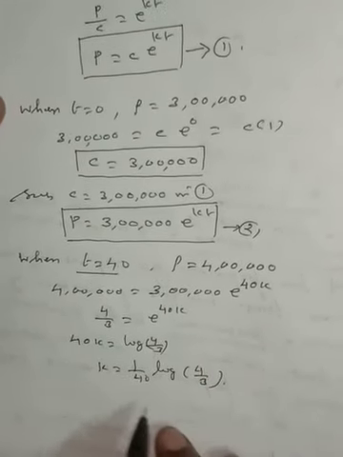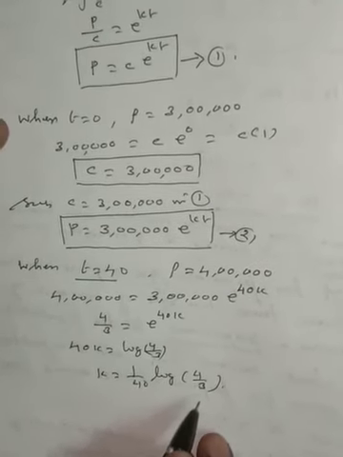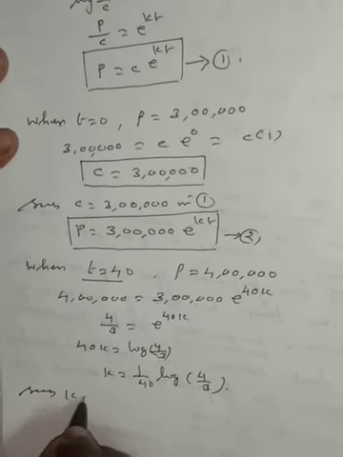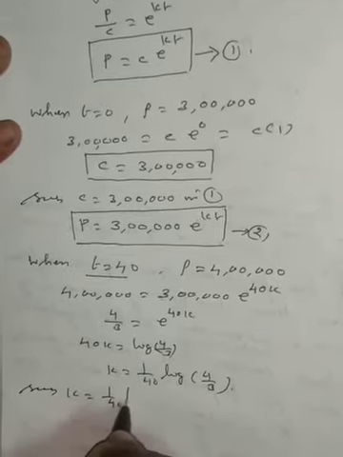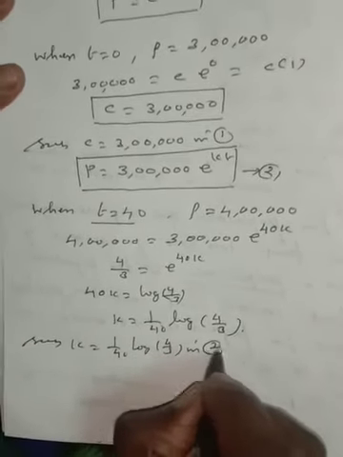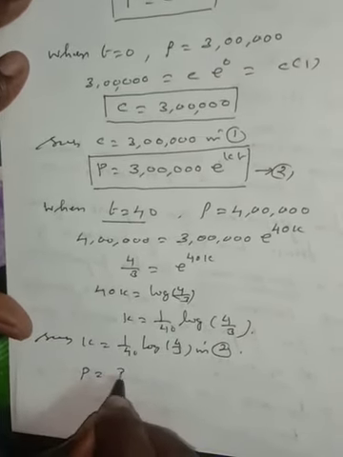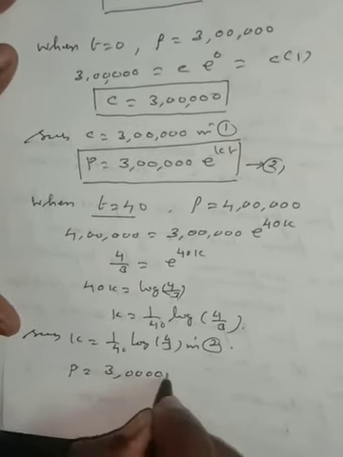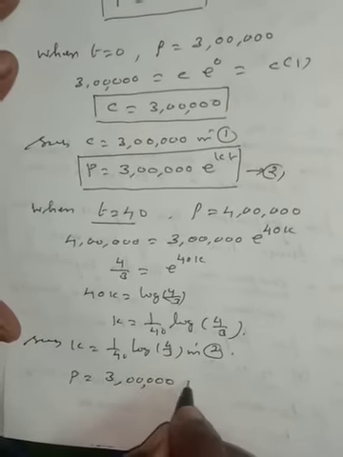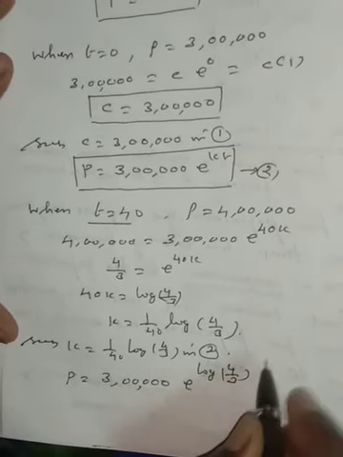Substitute k is equal to 1 by 40 log 4 by 3 in equation number 2. We have P is equal to 3 lakhs into e to the power of log 4 by 3 whole to the power of 1 by 40.